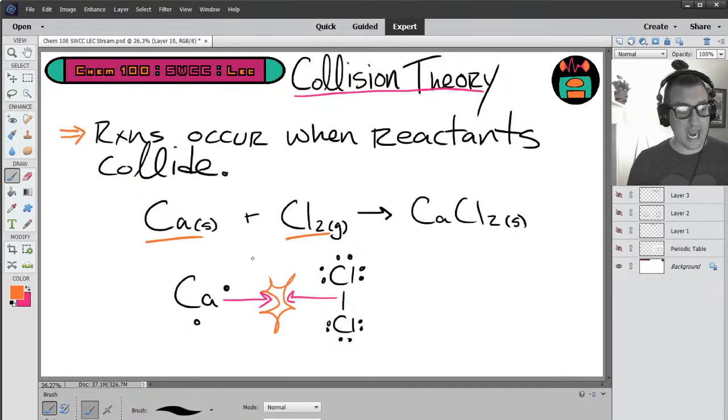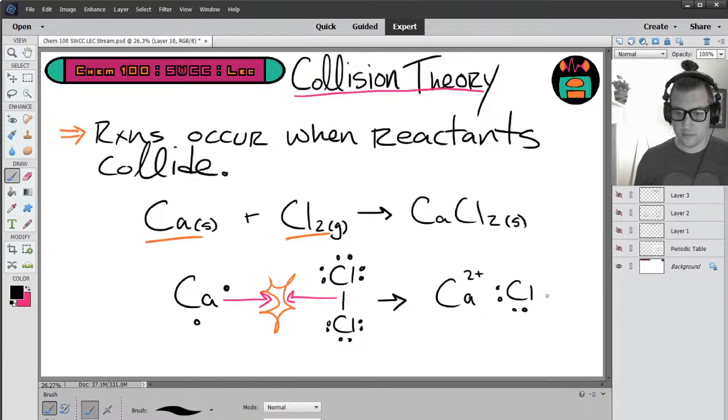For that reaction to take place, for calcium chloride, the ionic compound, to actually form. There's one chloride, here's the second.